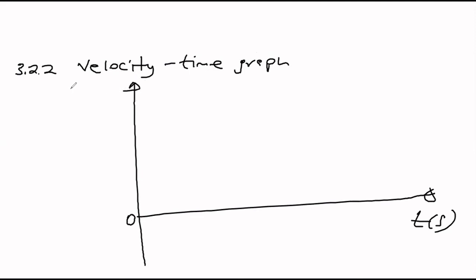Then along the y-axis we have velocity in meters per second. Okay, let's see, we have 1, 2, 3, 4, 5, 6, and 1, 2, 3, 4, 5, 6. So 6 is the starting point. So the journey is going to end somewhere here at -6.